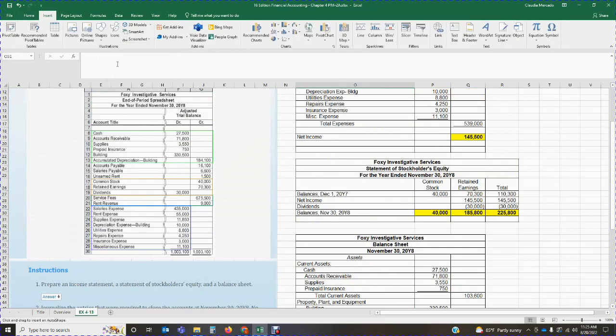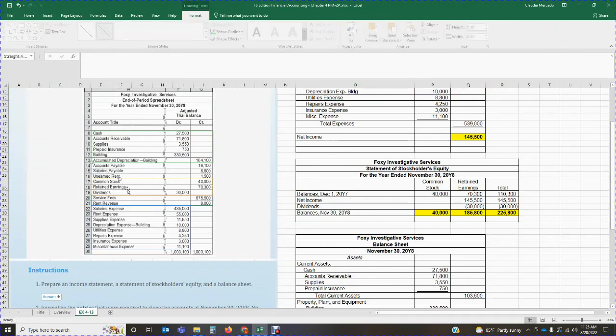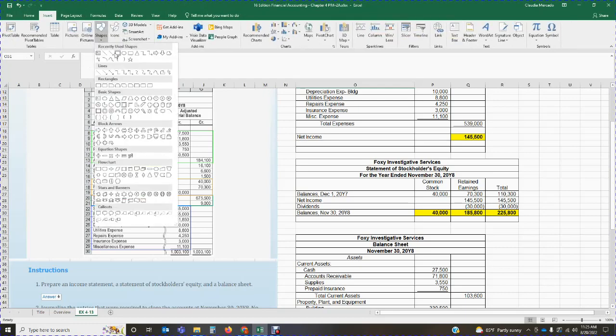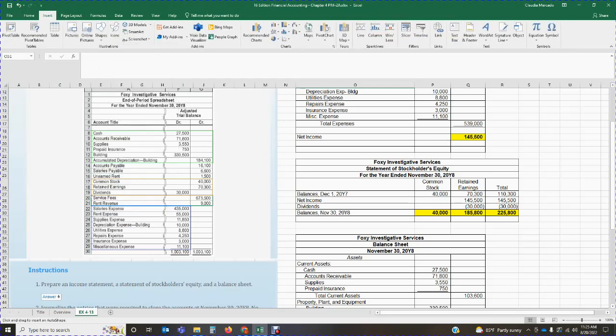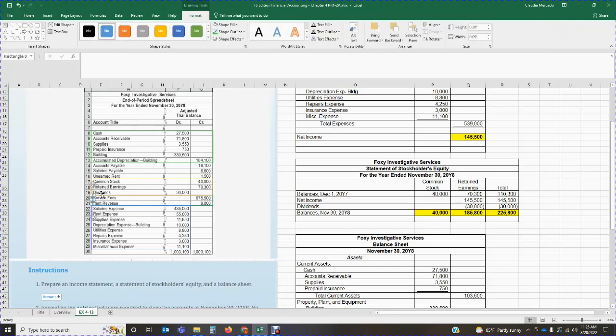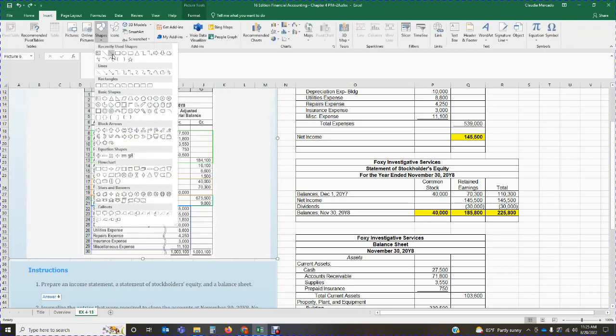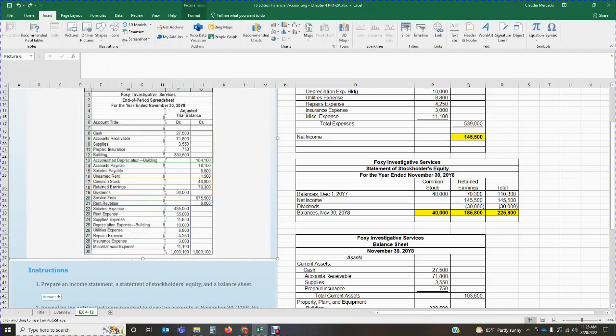Next, we have our liabilities. Liabilities are anything that we owe, anything that has the word payable or we have not earned. So we're going to go ahead and bring those in, and we have three liabilities. Let me see. Insert shapes. Here we go.